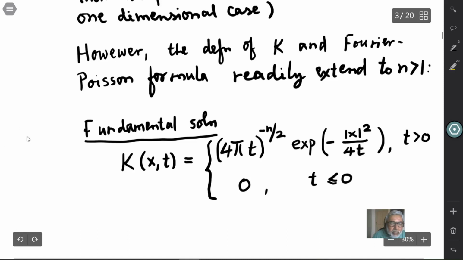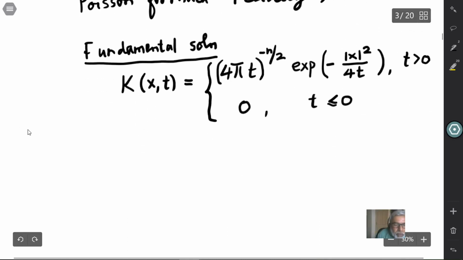Okay, so here norm x square is with the standard norm, the Euclidean norm.